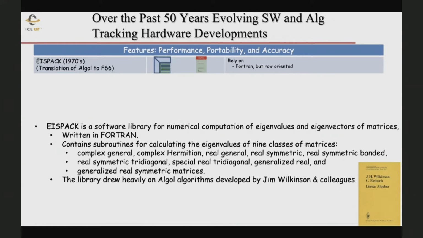And the task of IcePack was to translate those ALGOL programs into Fortran. So it was really a translation process. In that translation, we were trying to develop software for the eigenvalue problem, but software that would be portable, that would be able to run on all of the computers that we had access to at that time.